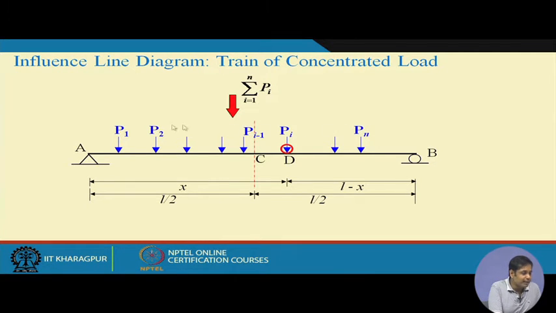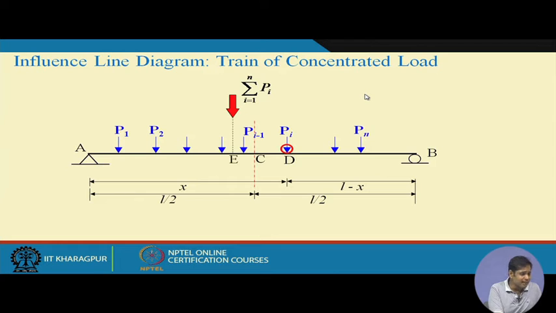What would be the resultant of these n concentrated loads? They are all vertically downward, all parallel, but their lines of action are different. So the resultant of these n concentrated loads will be their summation, the summation of Pi where i goes from 1 to n. The sum of all these loads is the resultant.